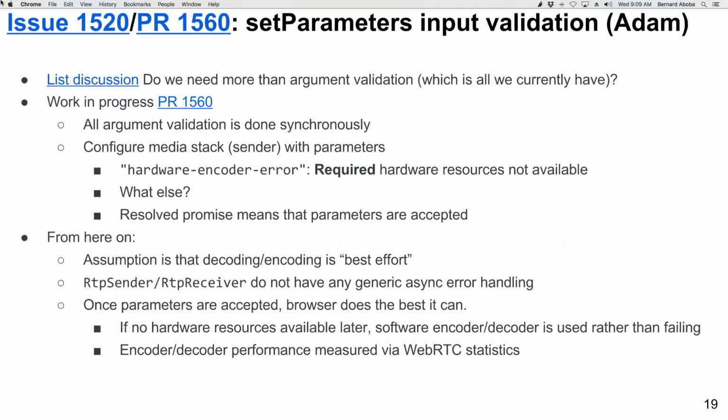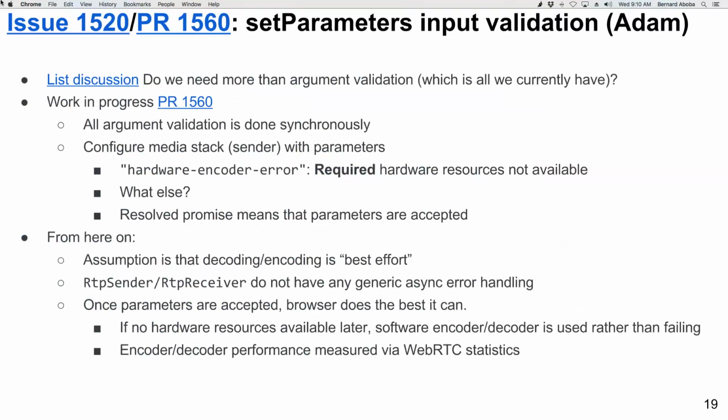So what we currently have in the spec is that we have a bunch of parameter validation of set parameters, and all the checks that we have can be done synchronously, but the method is promise based to kind of support future errors that cannot be checked on the main thread.